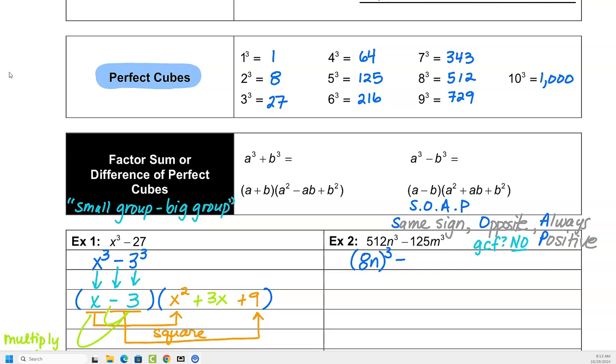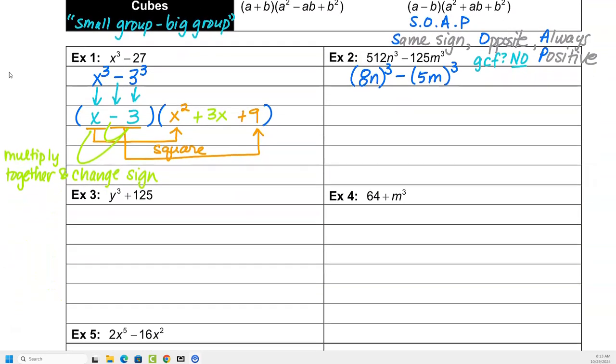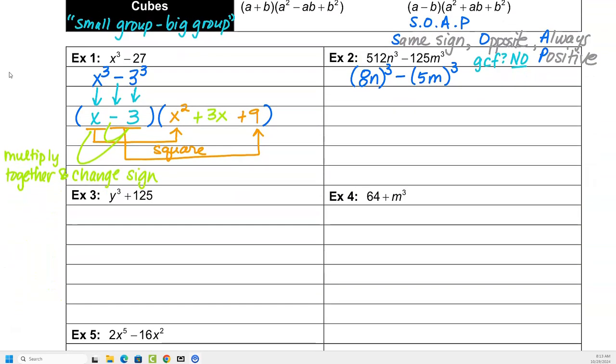Is 125 a perfect cube? And it is, right? It's up there. It's 5 cubed. So I can rewrite this to be 5m quantity cubed. Okay, so it looks like it's the difference of cubes, and so I can do my small group, big group.